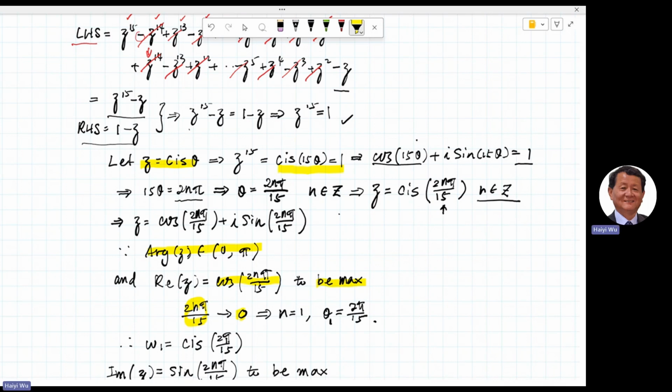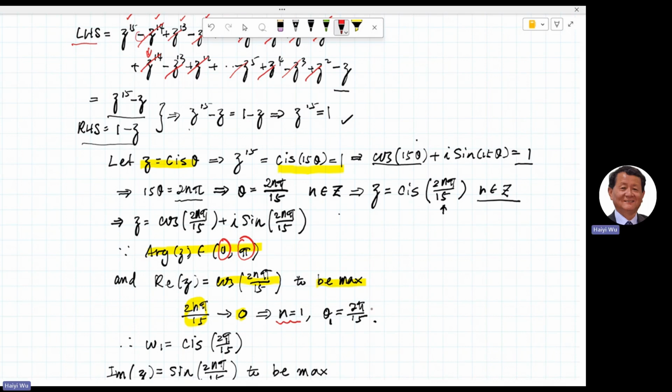So n cannot be 0, because the argument is greater than 0 and less than pi. So we have to choose the next closest integer, which is n equal to 1.